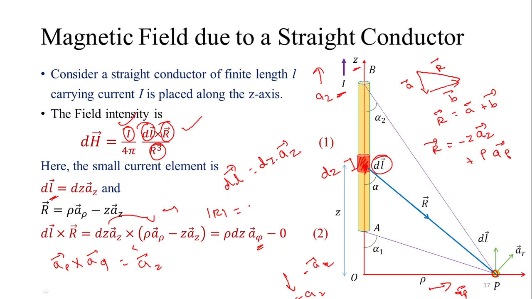From this you can calculate the magnitude of the vector r, that is rho square plus 0 plus z square. So you will have r as the square root of rho square plus z square. Now let's substitute this value in equation 1.